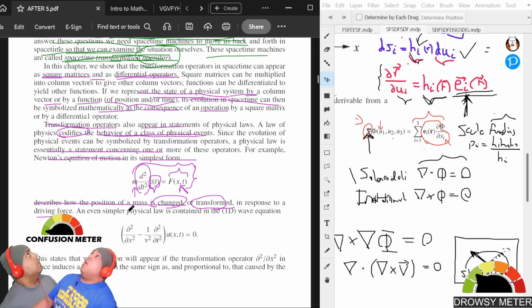An even simpler physical law is contained in the 1D wave equation.